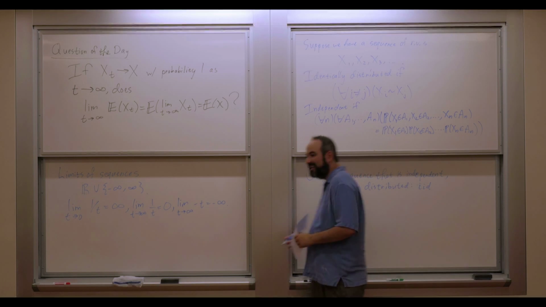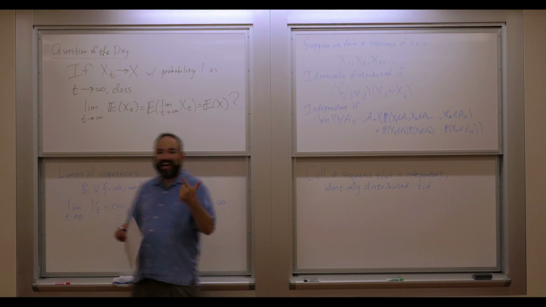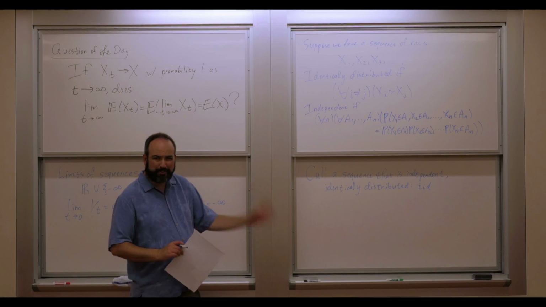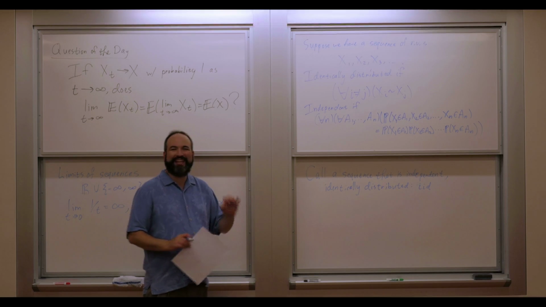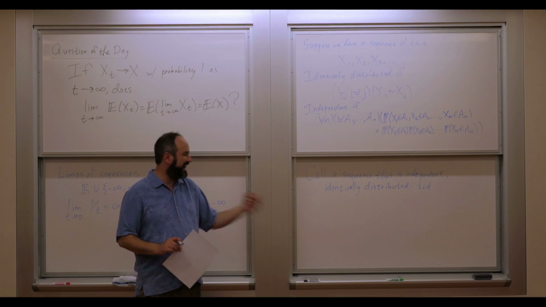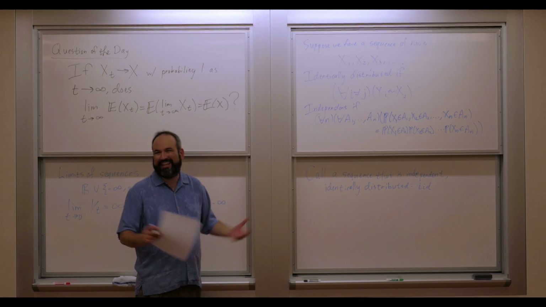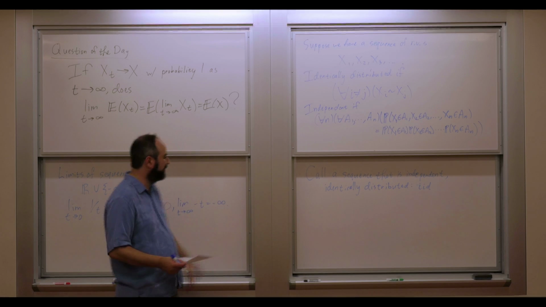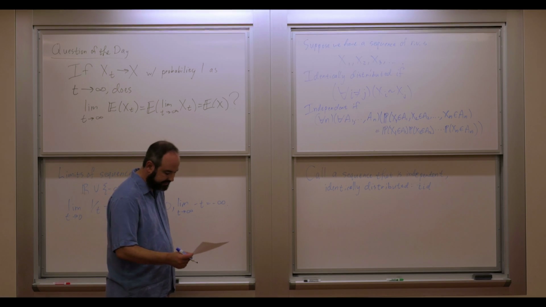The I stands for independent, identically, and the D stands for distributed. Some people like to put periods after each I and the D. That's kind of redundant, and we don't do it for PDFs or CDFs, so it seems silly to do it for IID.